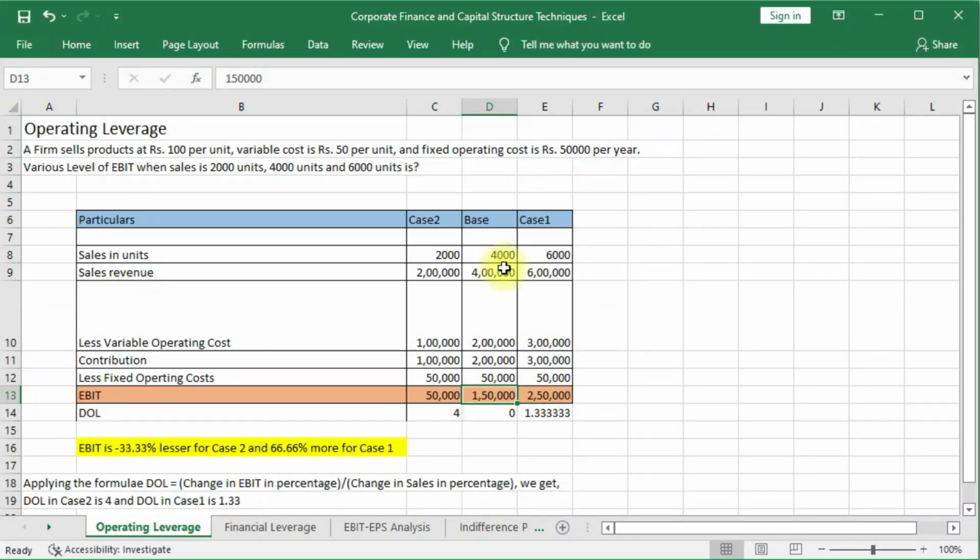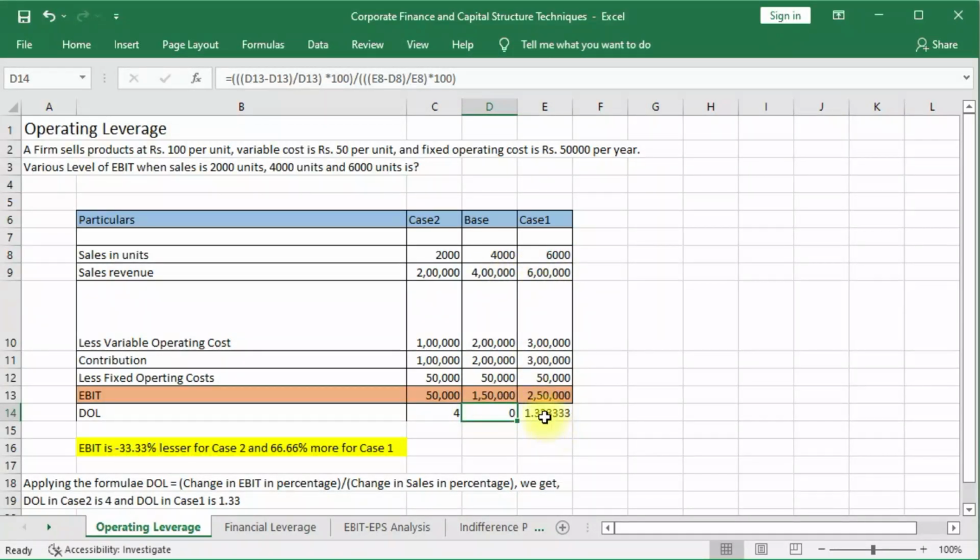Similarly, when sales is increased by 2,000, from 4,000 to 6,000, EBIT increases by 100,000, from 150,000 to 250,000.